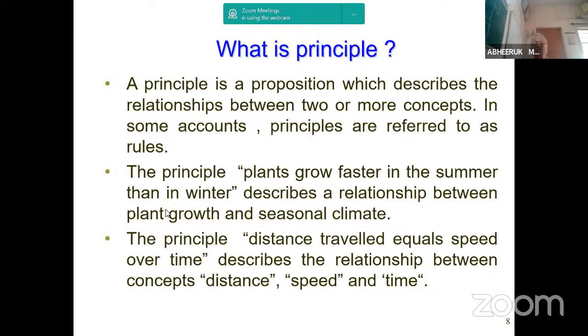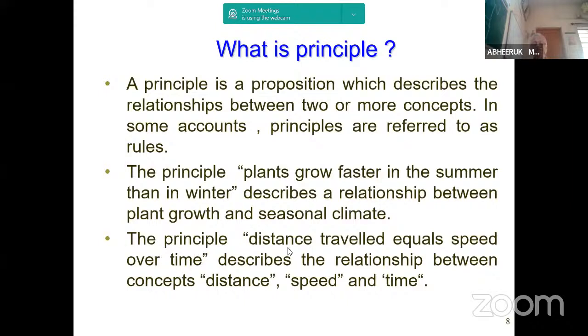Plants grow faster in summer, so you relate these two. And winter is also a season. You are relating summer, winter, and plant growth. You are relating these concepts. That's why it is called a principle.